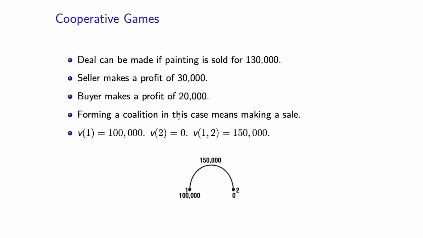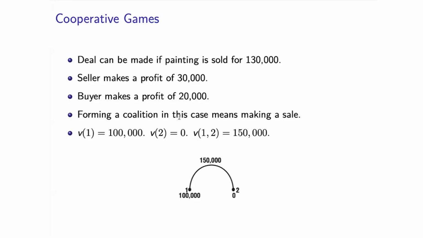Because think of an exchange of an amount of money, let's say 30,000 in the above example. That's what the seller is getting. What about the buyer? The buyer is getting the painting, which is worth 150,000 to him, and is paying the seller 30,000. So the total value generated in this example would be 30,000 plus 150,000 minus 30,000.